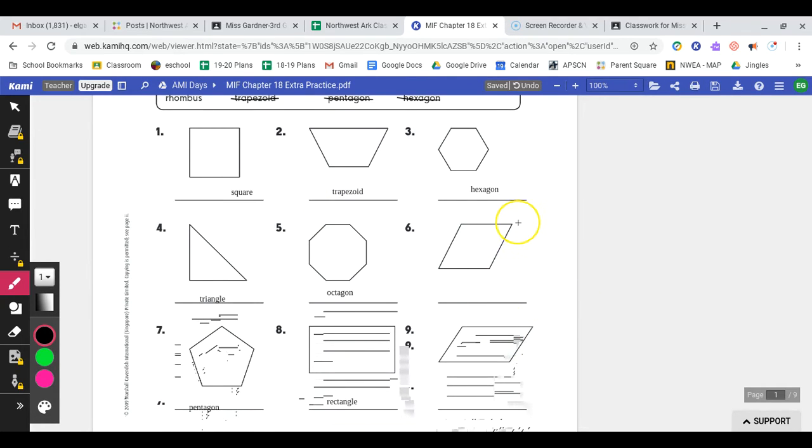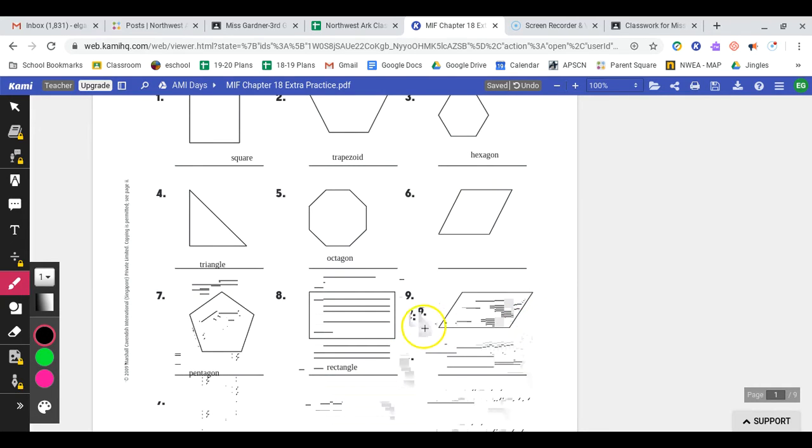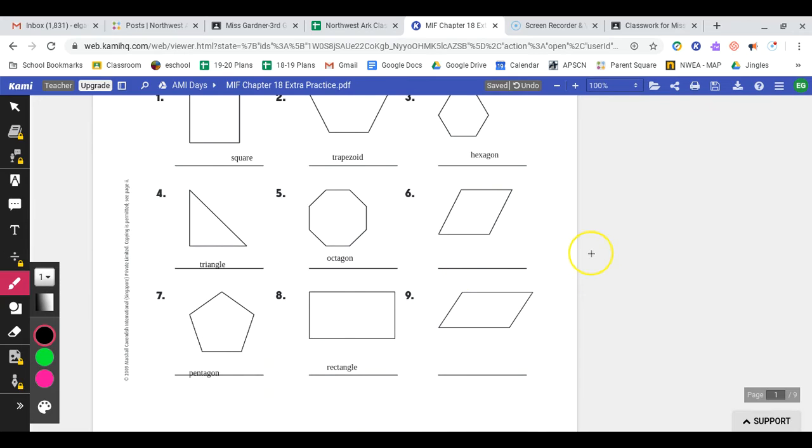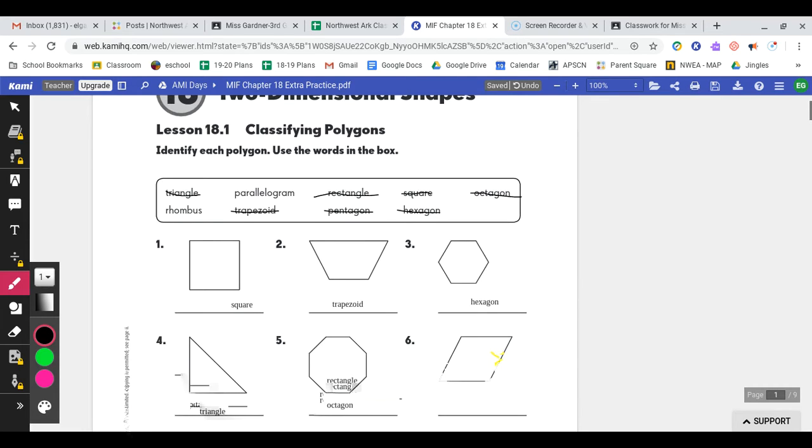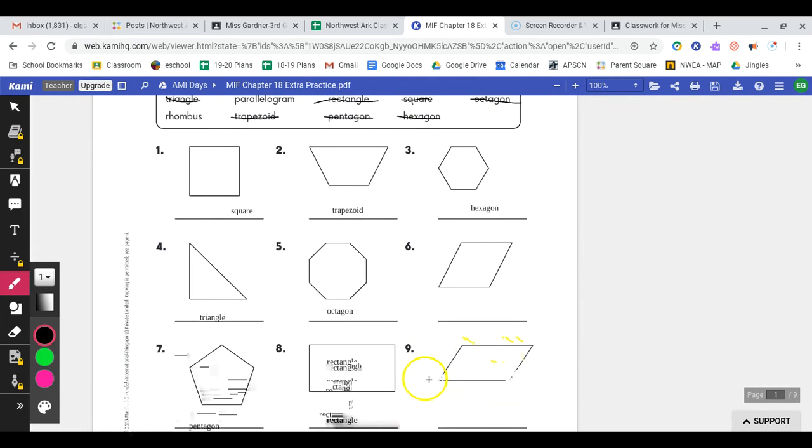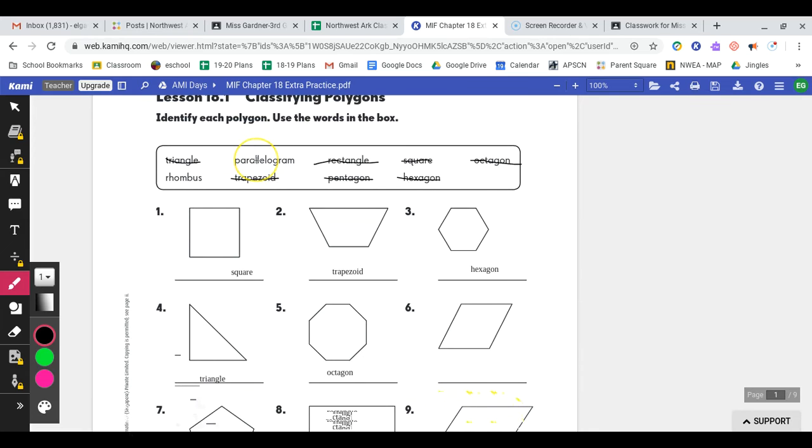Now, as mentioned before, this is both a parallelogram and a rhombus. This one we can only classify as one, though. Do you notice that these sides are longer than these sides? So what does that make this one, number 9? A parallelogram.